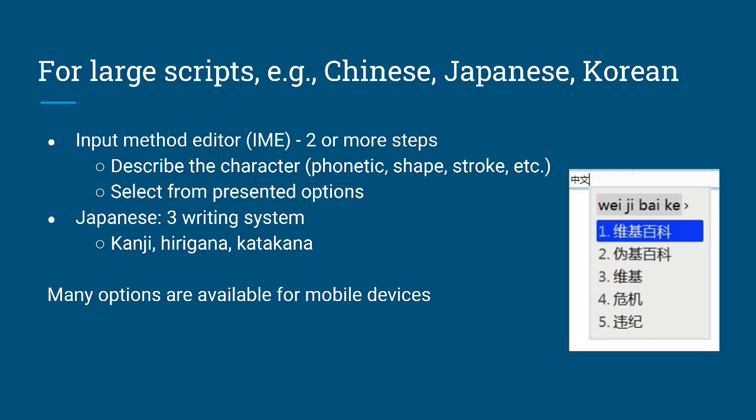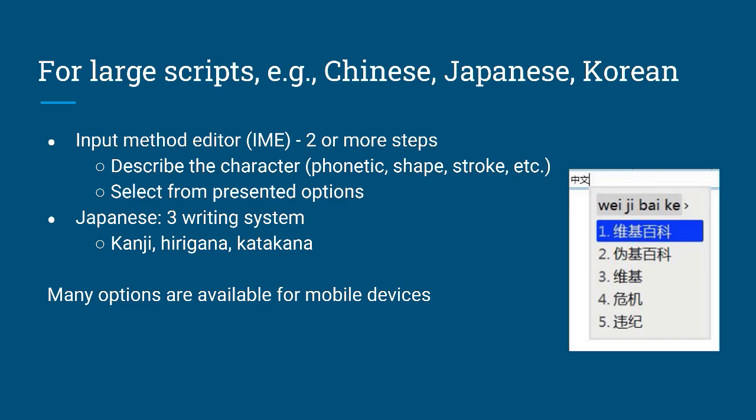Once the character is described, a set of options is presented, and a person can select by touching or picking, in this case, the numerals 1 through 5 to indicate what character or characters are to be selected.